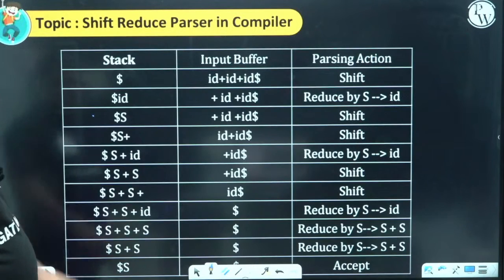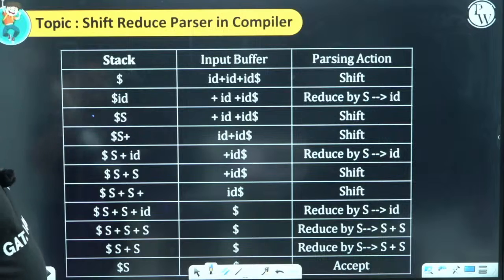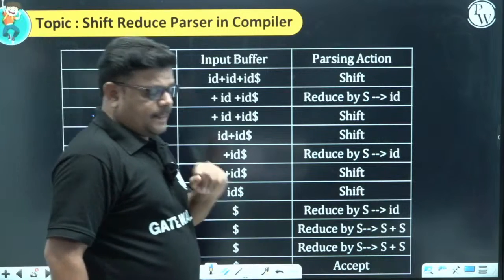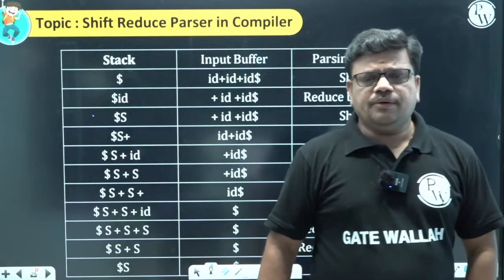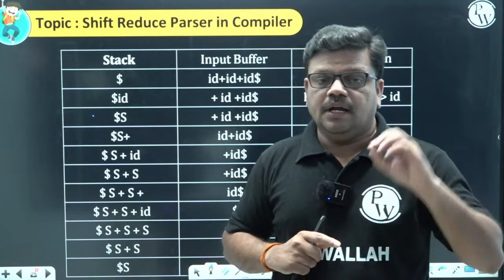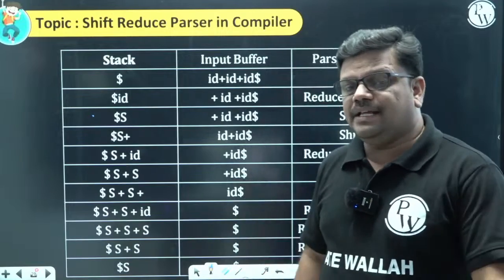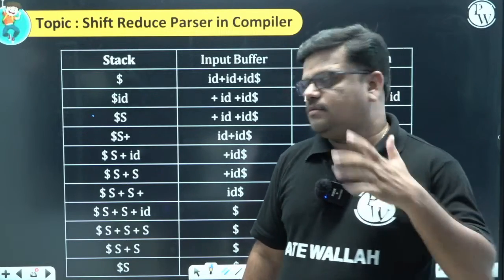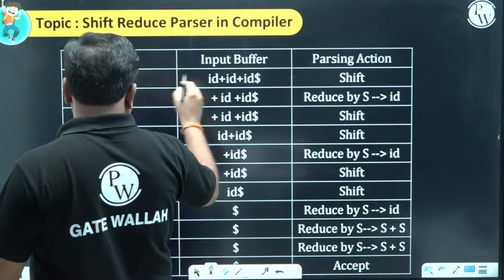But whenever we are performing shift reduce parsing, we will face one problem. That is conflicts. See here, I am performing shift in the first step.